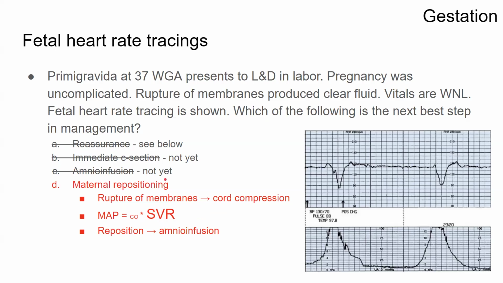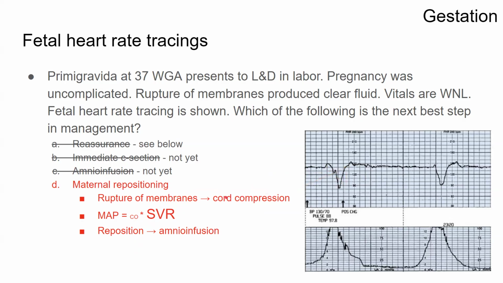To compensate and keep mean arterial pressure the same, the cardiac output has to go down. Cardiac output equals stroke volume times heart rate. The lever that is pulled to compensate is heart rate. So the heart rate goes down because of this increase in systemic vascular resistance, and that shows up on the fetal heart rate tracing as this deceleration.